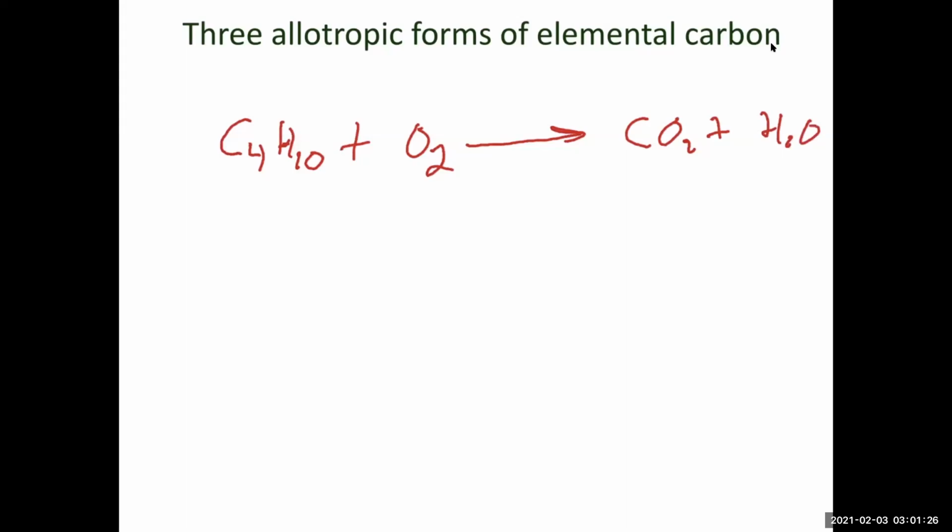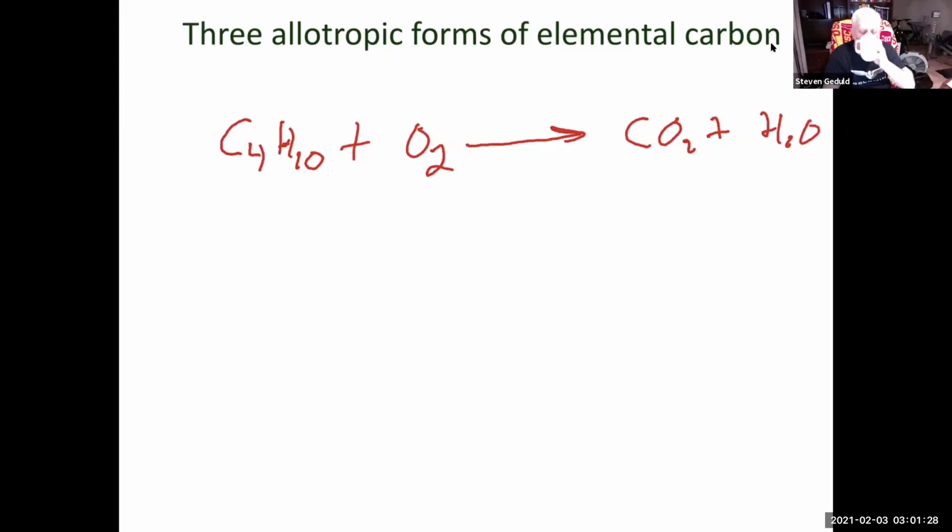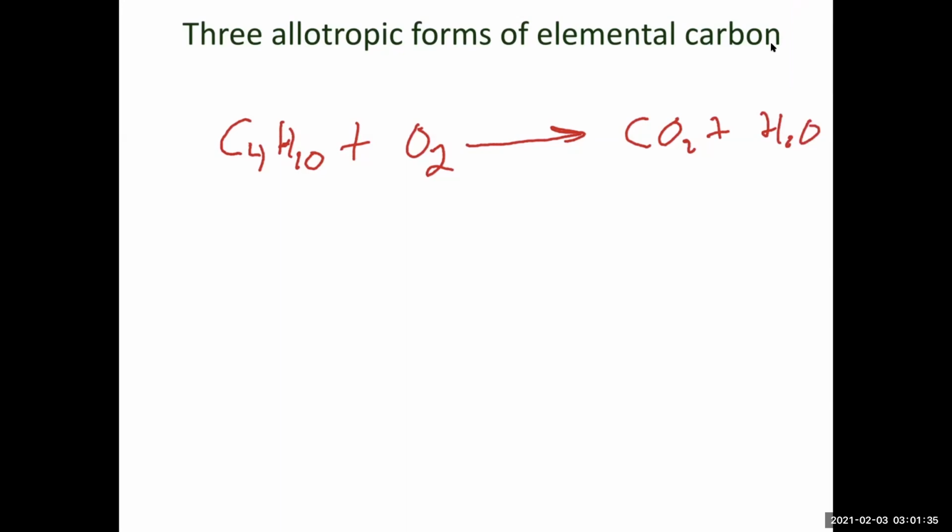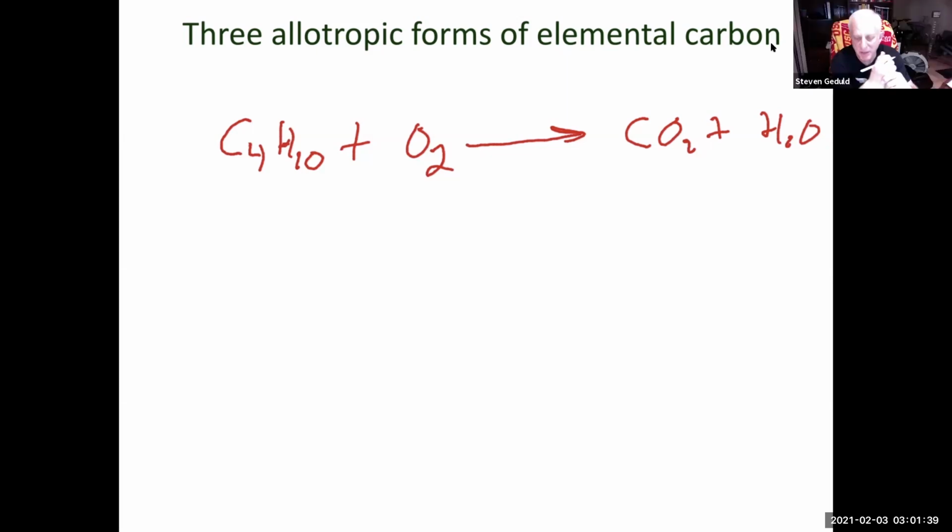So where do we start? Carbon, perfect. What do we save for last? The O2, oxygen. Right, save oxygen for last. So how many carbons on the left? 4. So how do I make that say 4 carbons on the right? Put a 4 in front of the CO2.